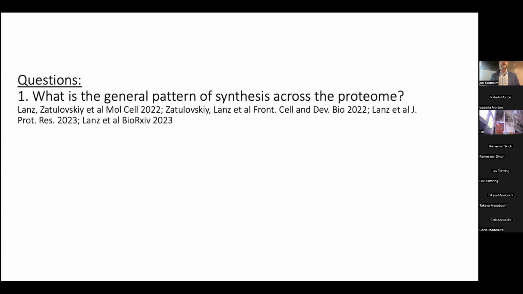And going from that result, over the last 5 years, that's really generated, I think, 4 new and important directions that we're currently working on. So one direction is to try to understand what's the general pattern of synthesis across the proteome. As cells grow and get larger, typically the total concentration of protein in the cell stays roughly the same.